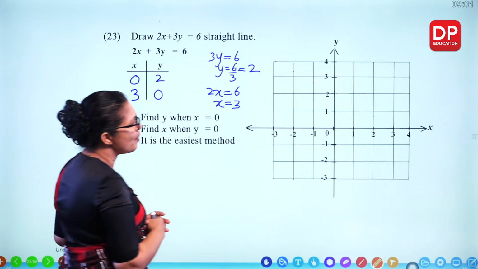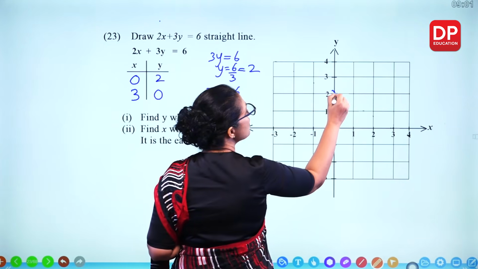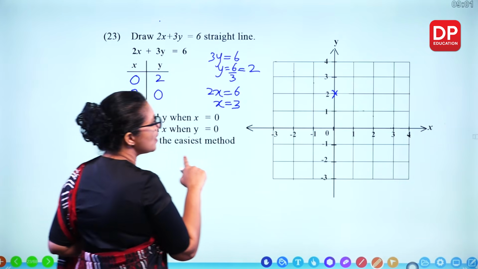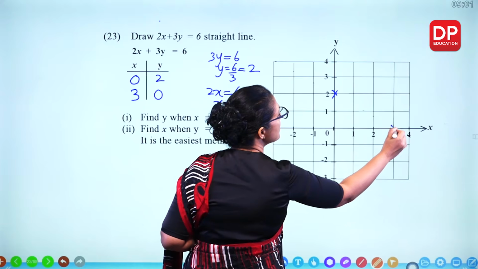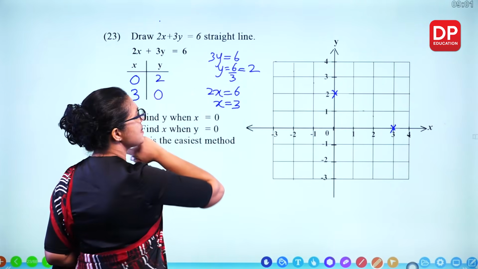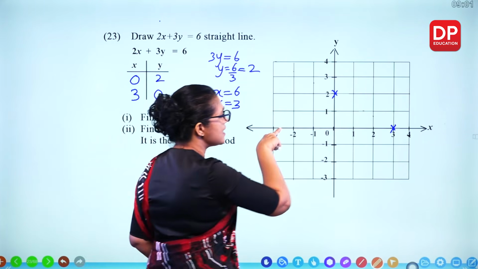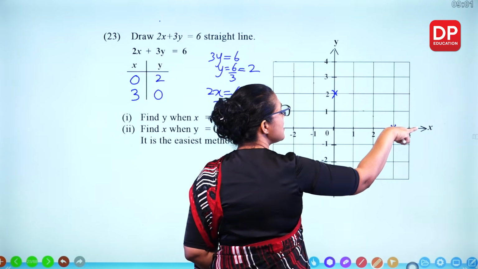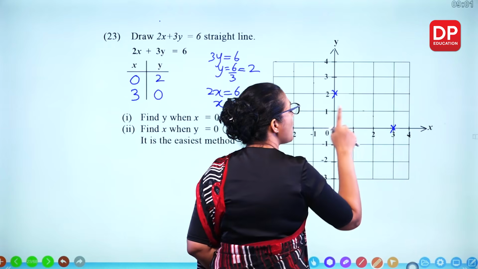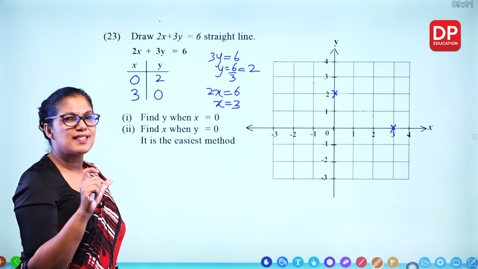x equals 0, y equals 2. This point. x equals 3, y equals 0. So what is this point? This is the y-intercept. We are marking the y-intercept. The point where it crosses the x-axis we call the x-intercept.